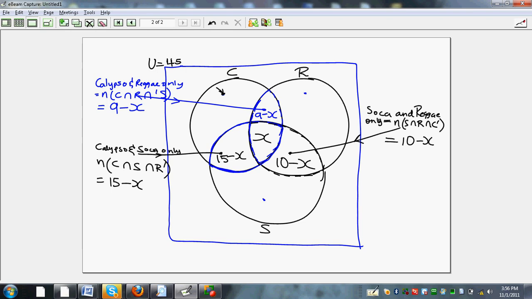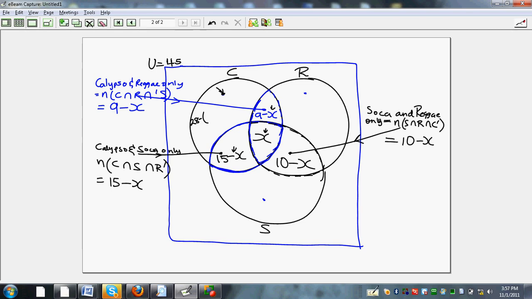And to get calypso only, we take those that like calypso, which we were told was 28, and minus from that 28 all of the other areas within the calypso circle.